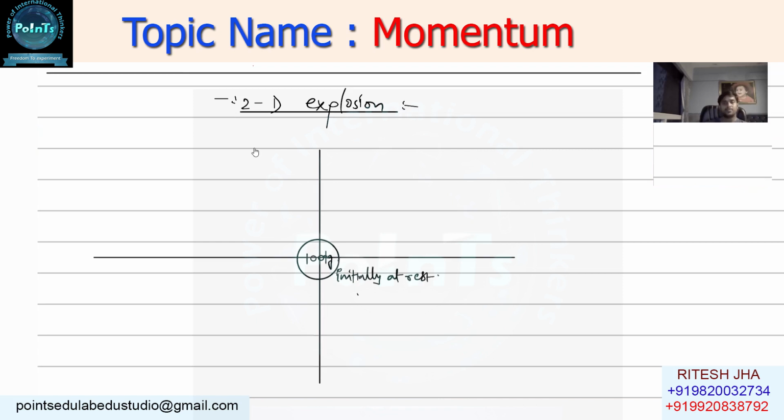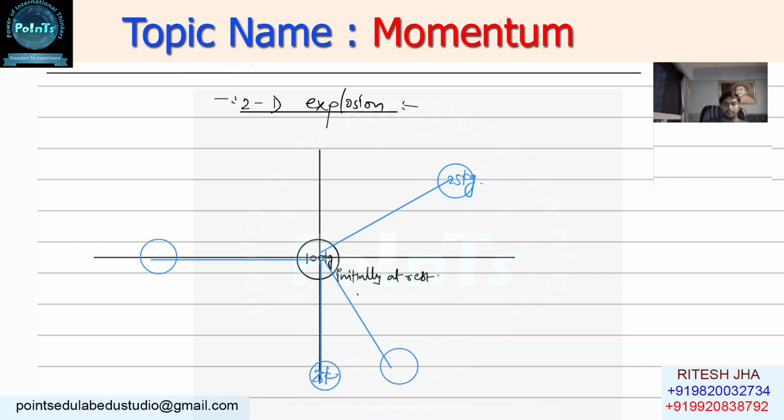Then when it exploded, it broke into 4 parts, like this. So this is how it actually got exploded in 4 parts. This is, let's say, 25 kg.